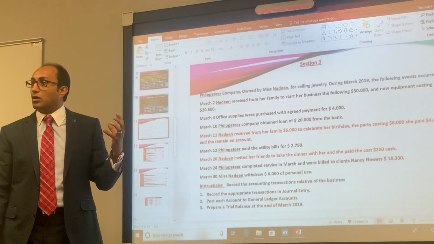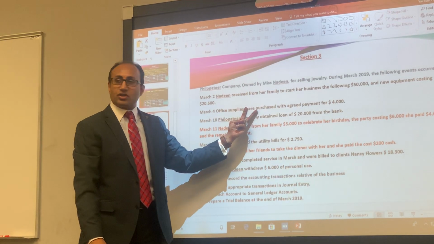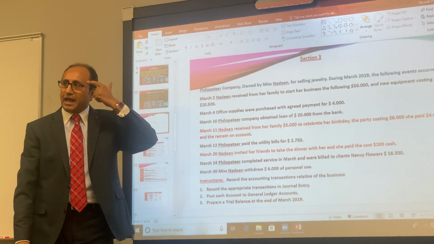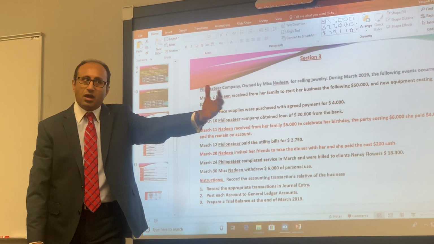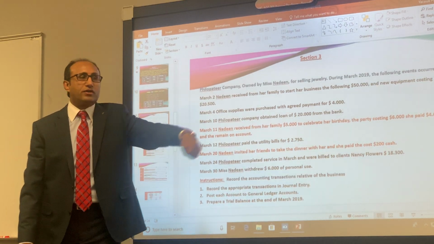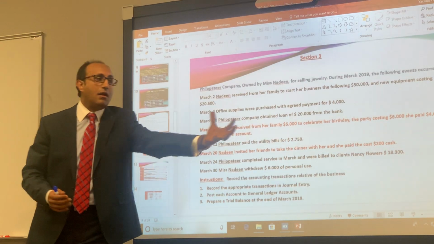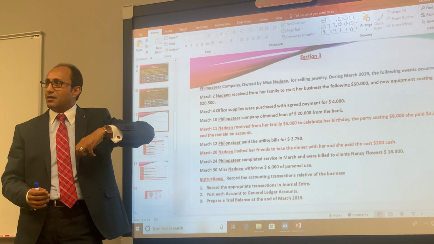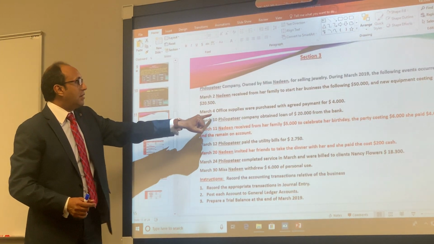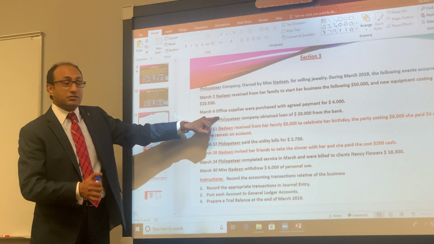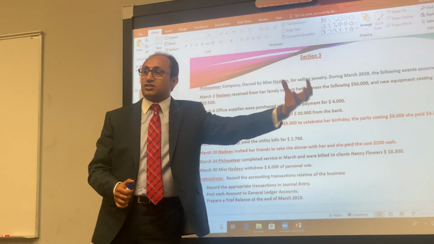As I told you, I have two sections. Figure out about cash, going into my business or being spent, and which assets are coming into my business. Here in this transaction, I purchased something.